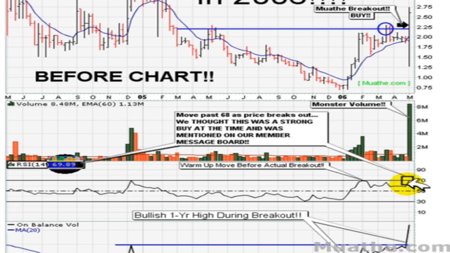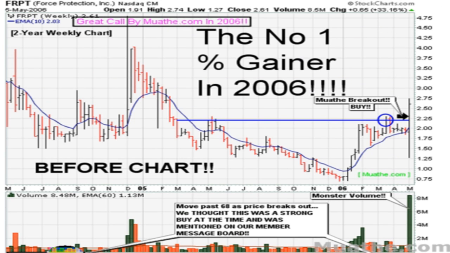Now you can see the angle of penetration is consistent with this angle here, almost consistent with this angle here, slightly consistent with this angle here, this angle here, and here. So this is what the stock does when it's really moving. It has sharp moves on the RSI, and the angle of penetration was very steep as it broke out of this level. Now, this again was the best performing stock in 2006.